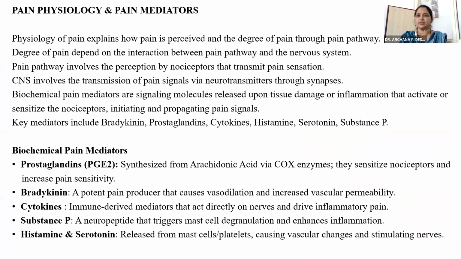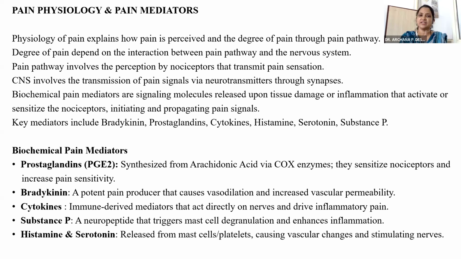So the previous one was about the edematous condition. Now we are talking about the analgesic effect of Rhus Tox concerning the pain pathway. Normally we feel pain with the help of receptors that we call nociceptors, and they perceive the pain and the degree of pain related with the pain pathway.